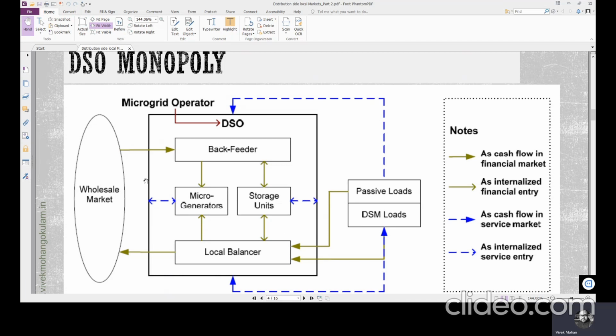So if an existing distribution system is converted to microgrid by installing active energy sources by means of investment by the DSO as a single entity, then the whole technical and financial consequences of this microgrid conversion program are to the DSO only. So whether it is cash flow or technical feasibility, everything is under the management of DSO.